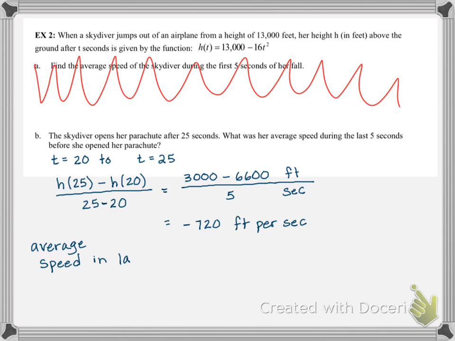In the last 5 seconds, was 720 feet per second. So I just dropped that negative because in this setting, the negative indicates that she's going down, that she's falling. And then the 720 feet per second is the actual speed at which she's falling.